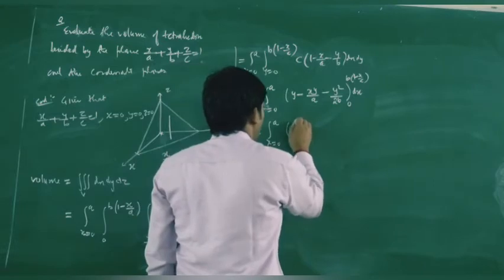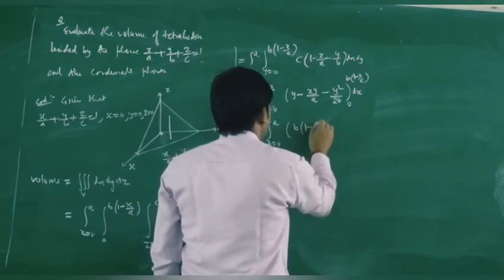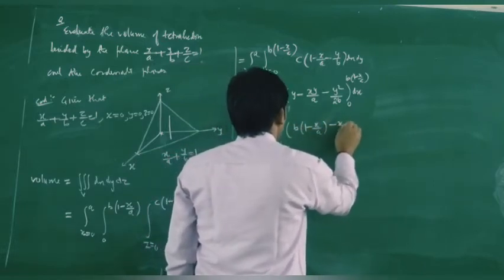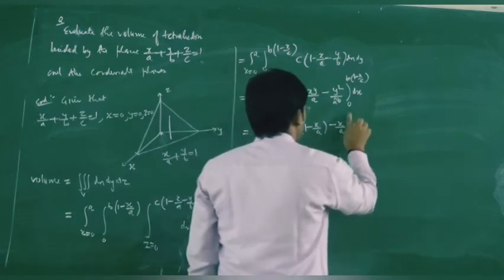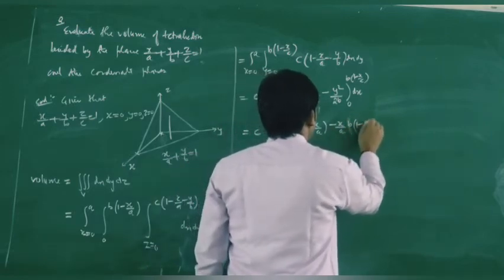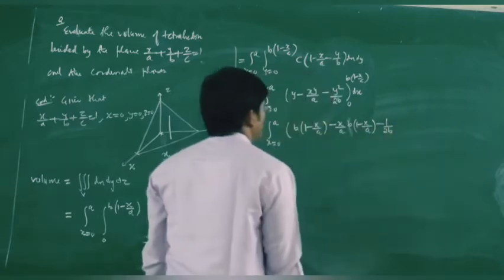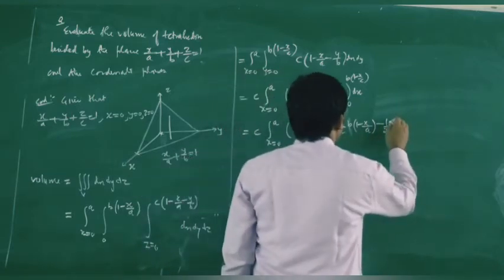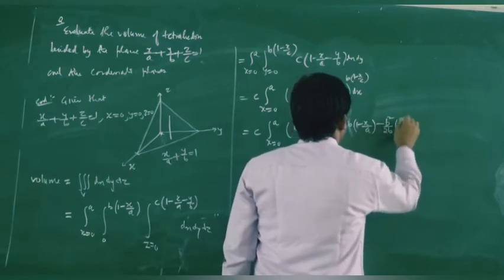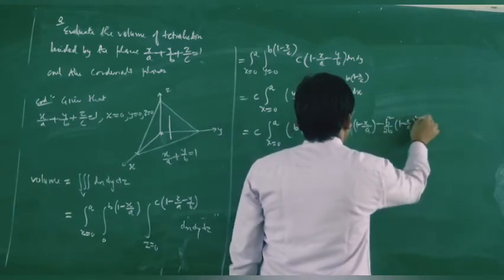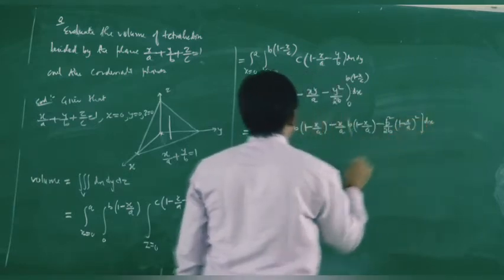Just put the value of y: b times 1 minus x upon a, then x upon a into y, which is b times 1 minus x upon a, and here we have 1 upon 2b, so b square and 1 minus x upon a whole square, and then the integration with respect to x.